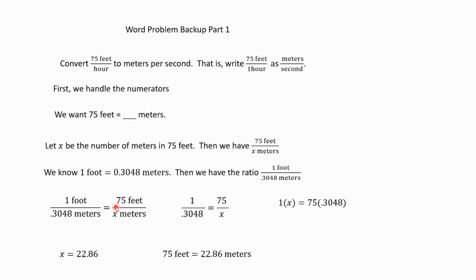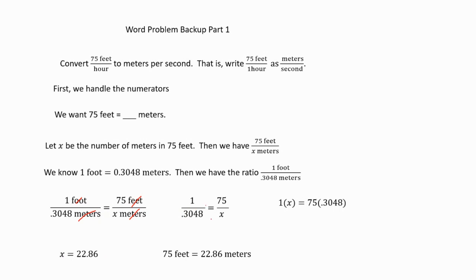They're equal, like so, with the same units in corresponding positions. And then just like before, we cancel the units. Foot and feet cancel. Same thing with meters and meters. We get this proportion on the right.